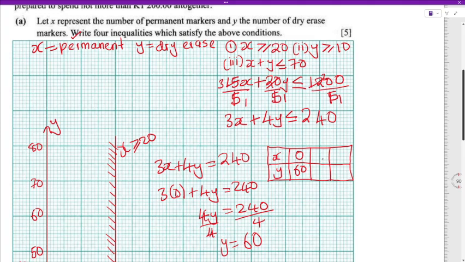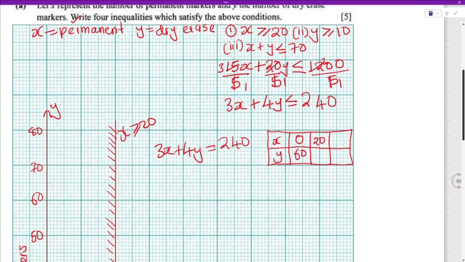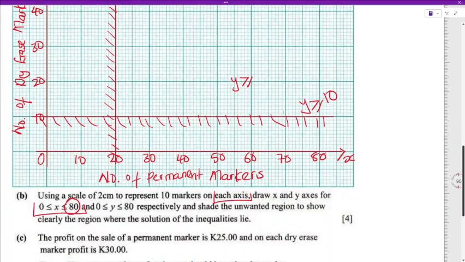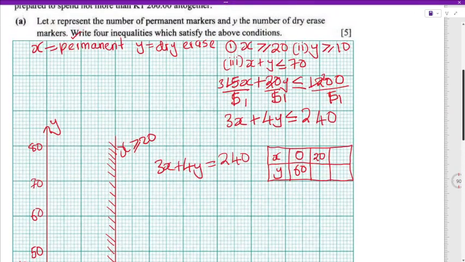Okay, let's try 20. I prefer using slightly smaller values. If you have a couple of coefficients for this inequality, you can see there's 3 here, 4 there.